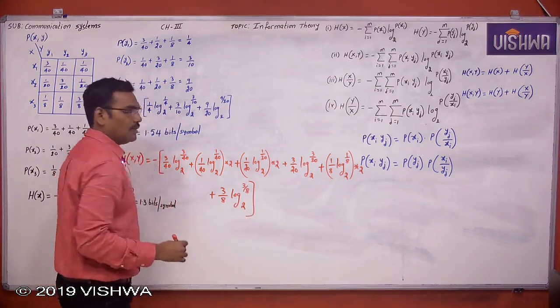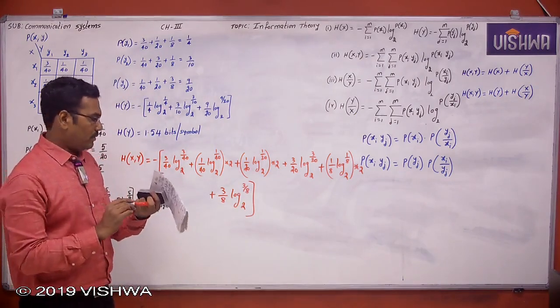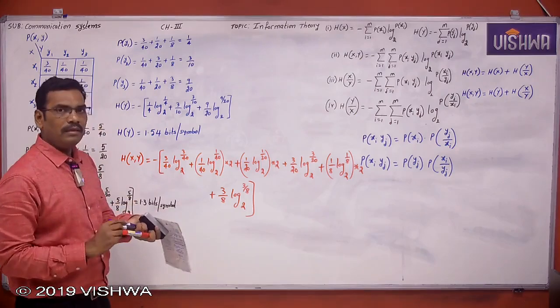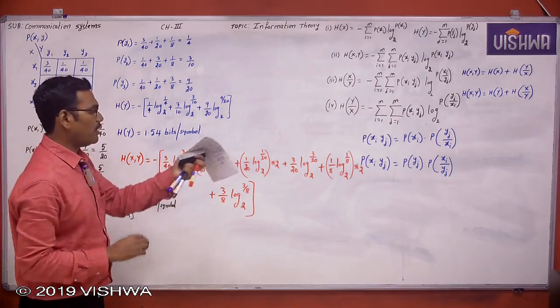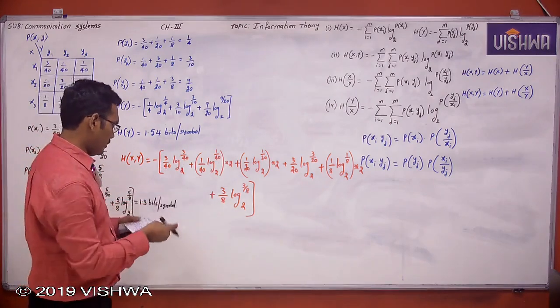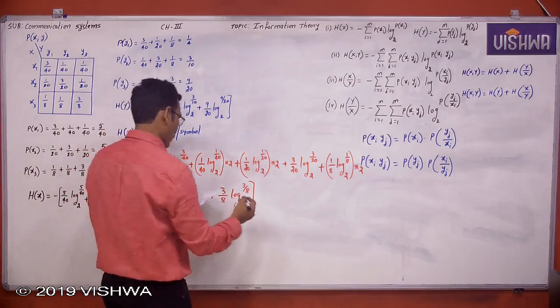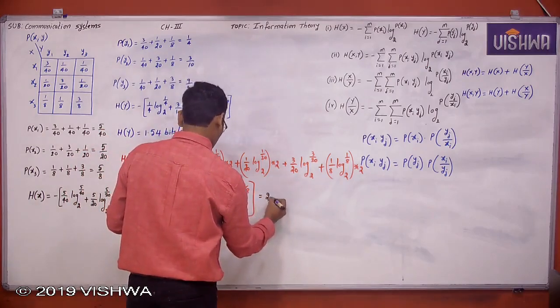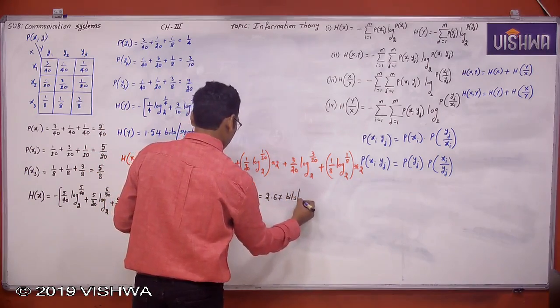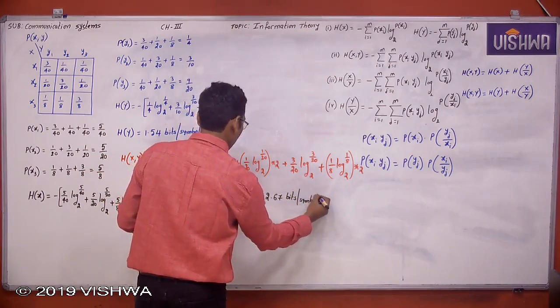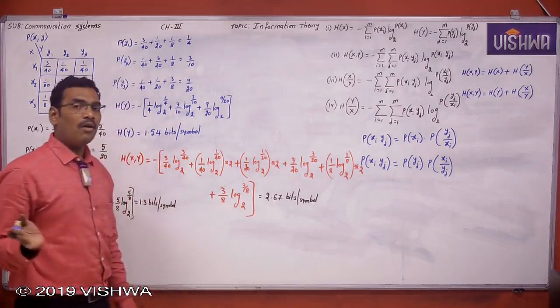Now this is the joint entropy. For finding joint entropy, we want the joint probability. Already the joint probability is given. Then if you simplify, this joint entropy is nothing but 2.67 bits per symbol.